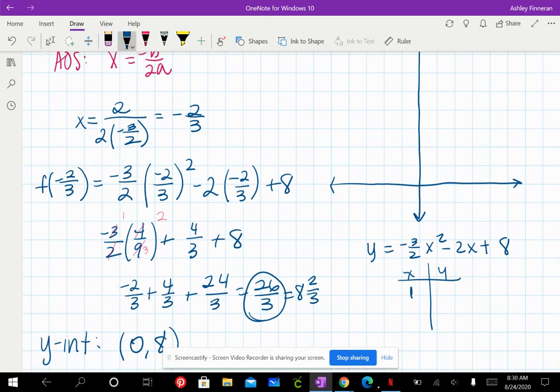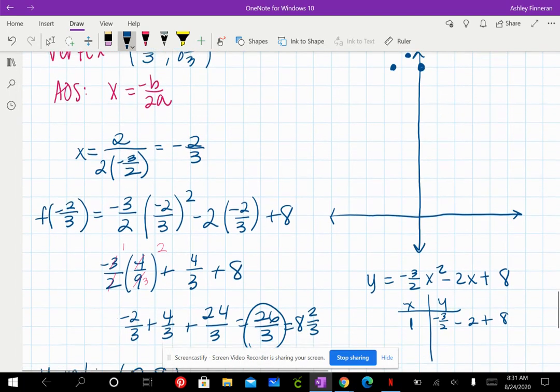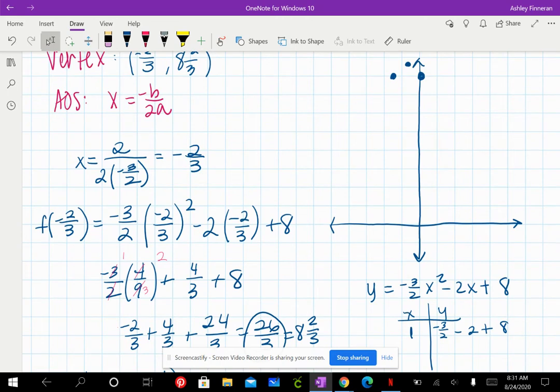So if I plug in 1, that's negative 3 over 2 minus 2 plus 8. So negative 2 plus 8 is 6. So 5.5. Nope, 4.5. So 1, 2, 3, 4.5.